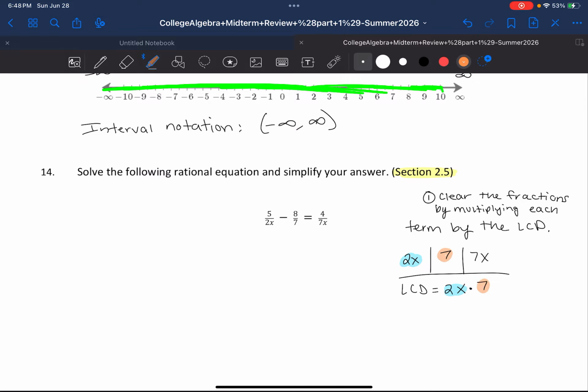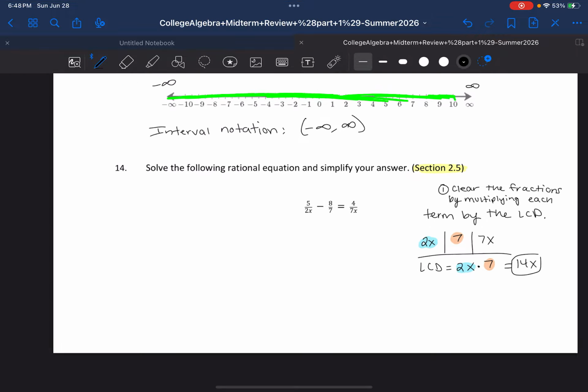And then you go to the third one. Well, the third one is 7 and x, and I already have 7 and x here. So I don't need to write that one again because I already have it. So if I multiply these two together, this would be 14x. This is my least common denominator.